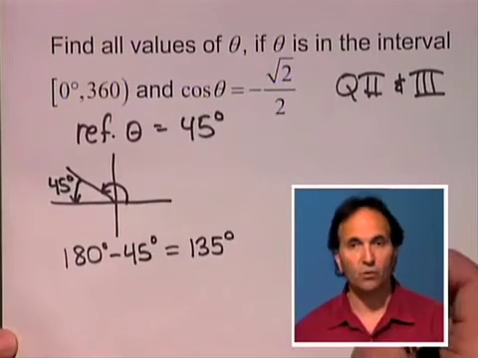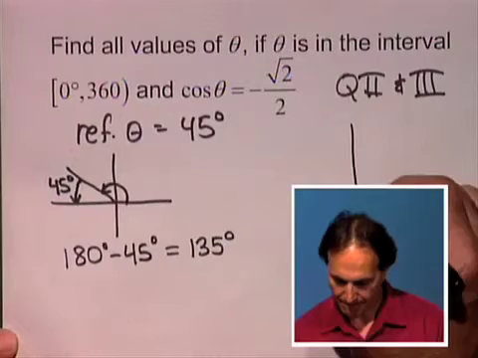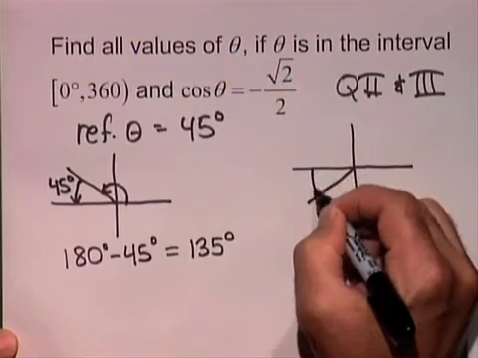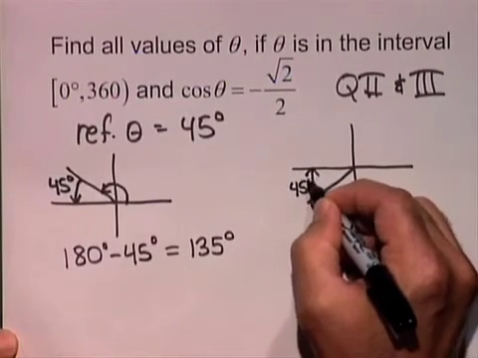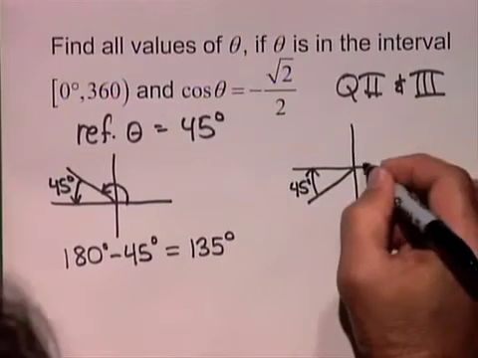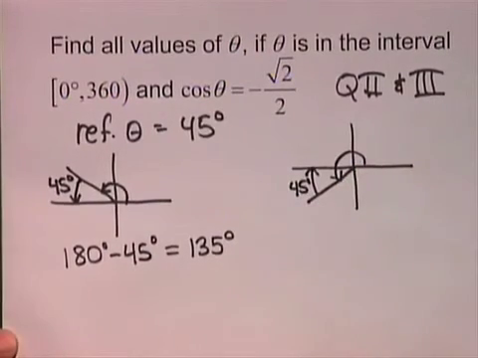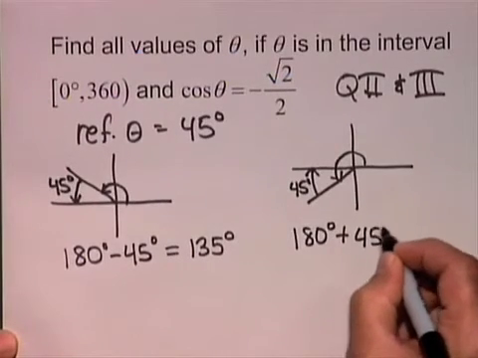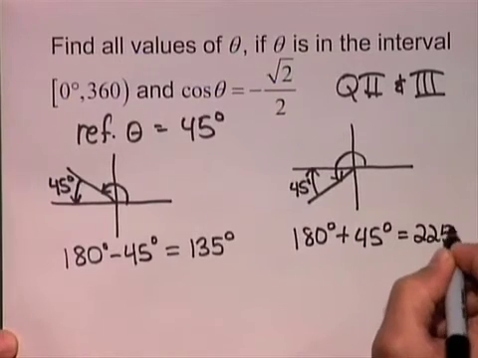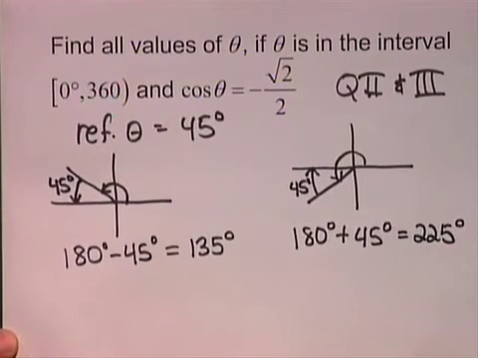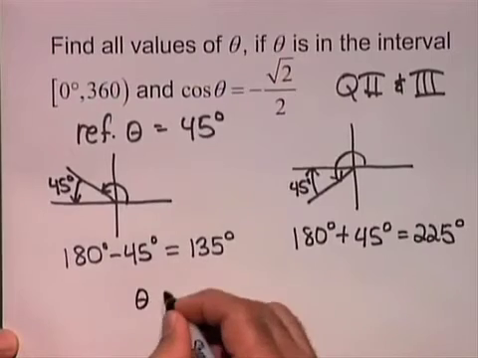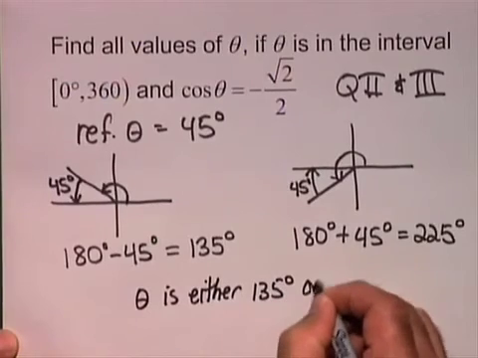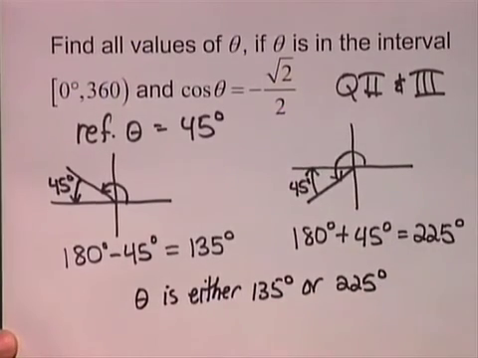Now let's do the same thing in quadrant 3. We draw a reference angle of 45 degrees. To find the full angle, whose reference angle is 45, we would have 180 degrees plus 45 degrees, resulting in 225 degrees. Therefore, theta is either 135 degrees or 225 degrees.